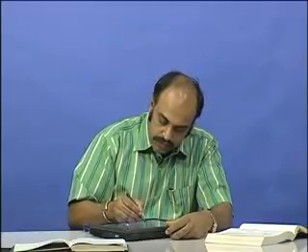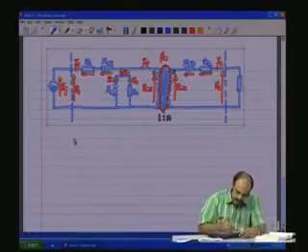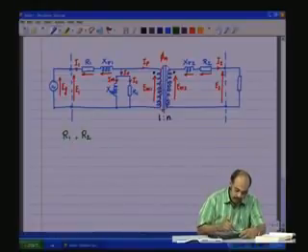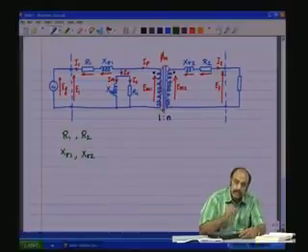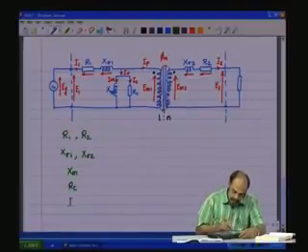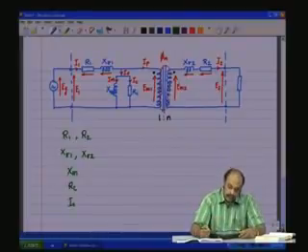Now, to give you an idea, let us say this equivalent circuit has the following parameters: R1, R2, these are the winding resistances of the coils, and we have X sigma 1, X sigma 2, the leakage reactances, Xm, this is the magnetizing reactance, Rc, this is the core loss resistance, I naught, which is the no load current which is drawn from the primary source.